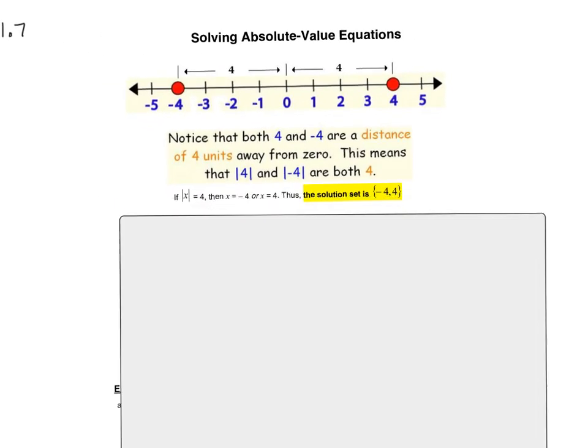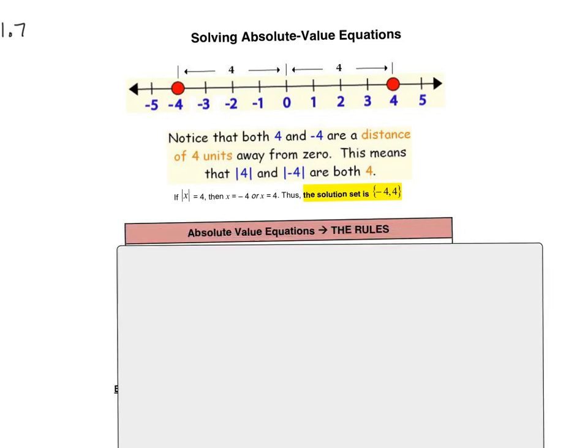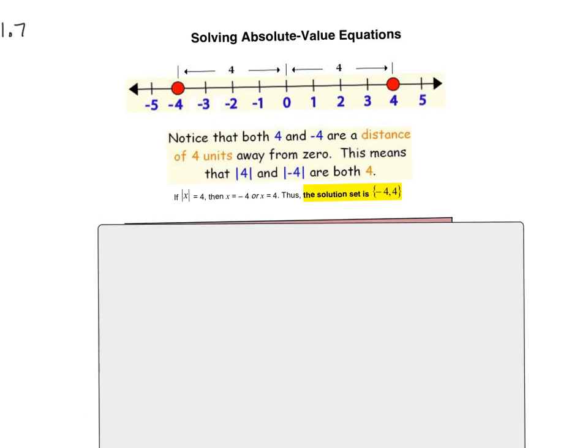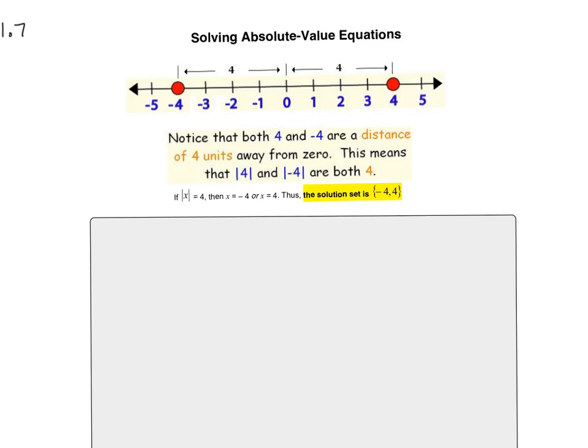So notice that 4 and negative 4 are 4 units from 0. The absolute value of x, if I ask you what is the absolute value of x if it is equal to 4, then you know that what you're asking for is what number is in there, so that when you take the absolute value, it gives you 4.